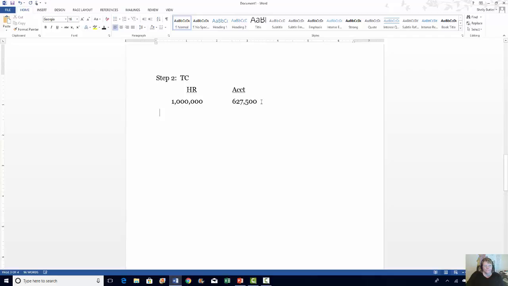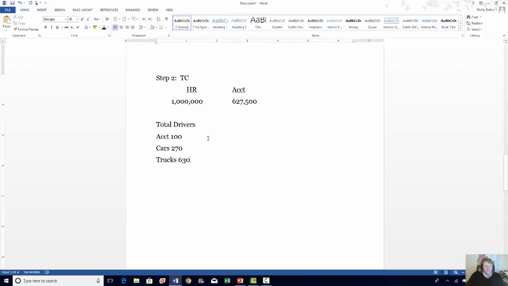So the total drivers in accounting is 100 because that's the employees that they have. Cars is 270, and trucks is 630.